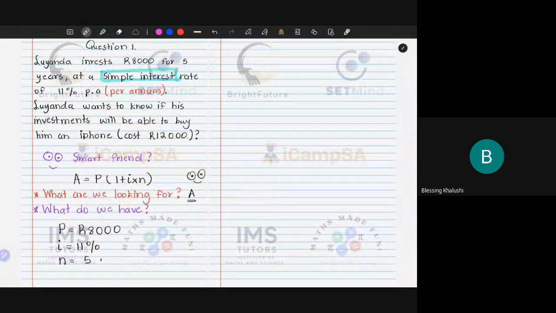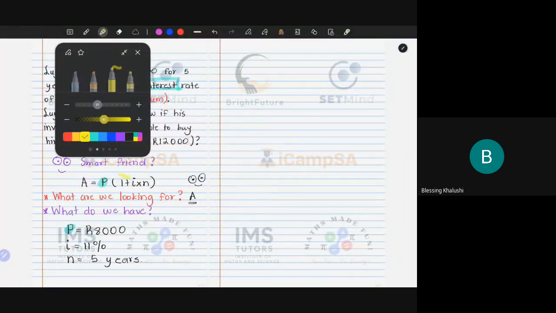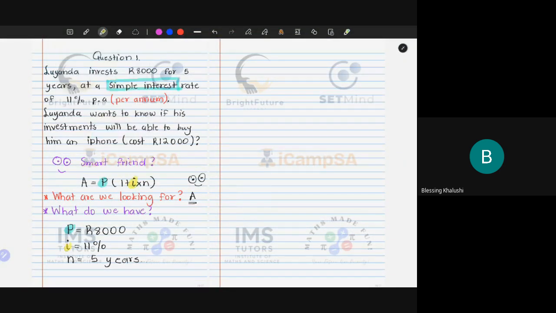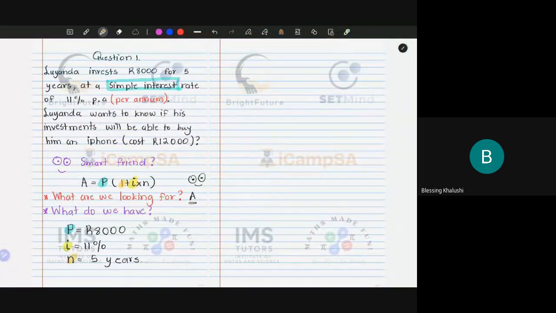We are serious. So now we have the P, the I and the N. If you look carefully, the only thing that doesn't have a color here is the A. So it means we're looking for that A. Wherever we have P, we figured P is the investment.